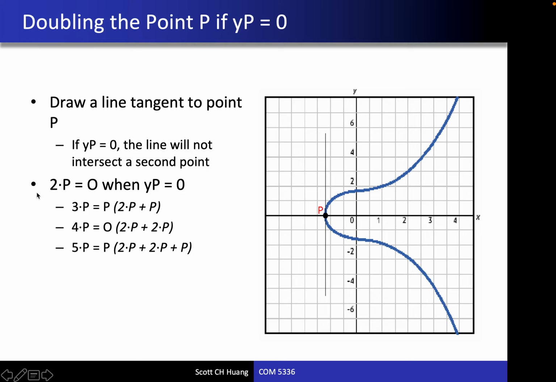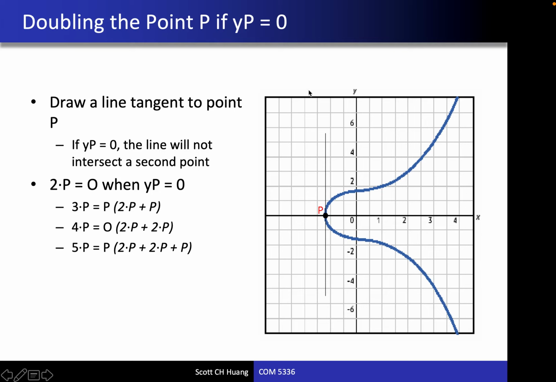So in other words, the doubling P plus P, we can denote it by 2P. So 2P is actually defined as the point at infinity. Then we can do 2P plus P according to the addition formula.